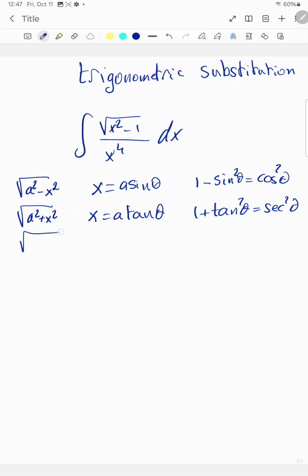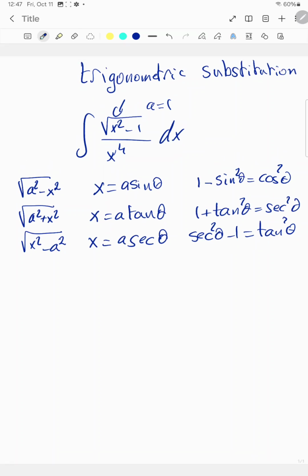And if we have x squared minus a squared, which is what we have here, x squared, and in that case a is equal to 1, we will use x equal to a sec of theta, and I will use the formula sec squared of theta minus 1 is equal to tan squared of theta.